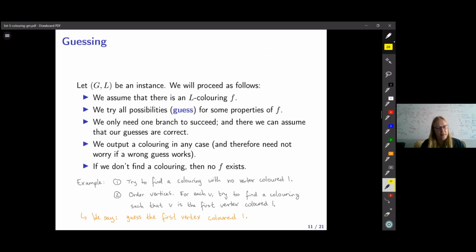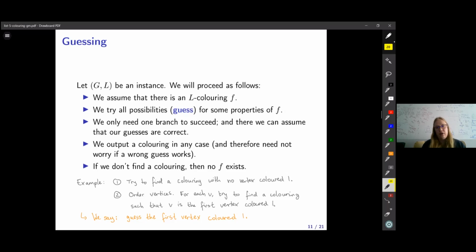And the general setup for these proofs is usually the same. And I will try to convince you that that's legal, that we can do that. The way it works is you have a graph that you want to color and lists. And now we will guess things, right?